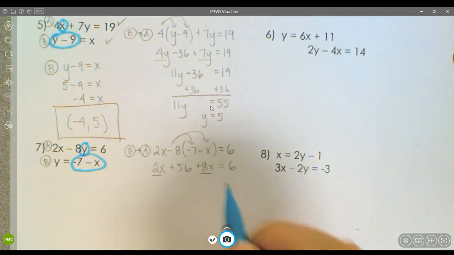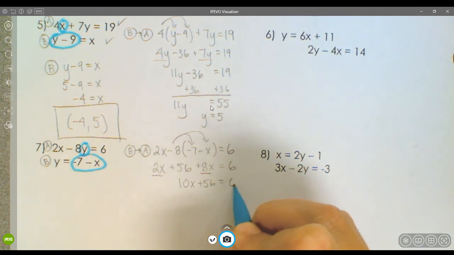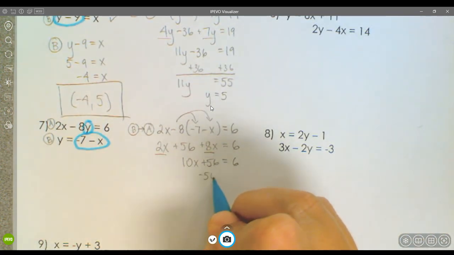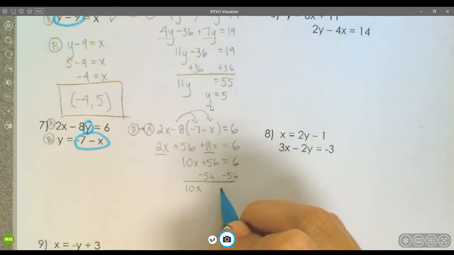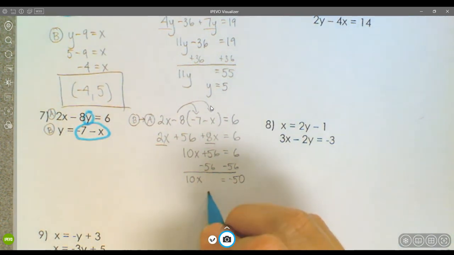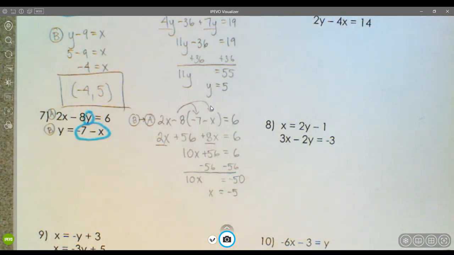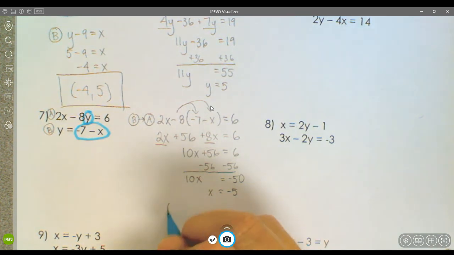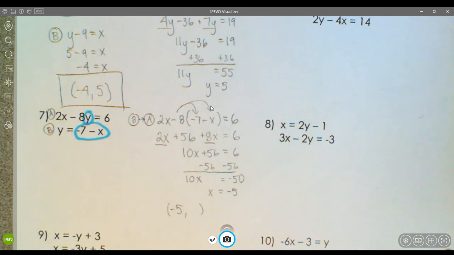So 2x plus 8x is 10x, plus 56 equals 6. Now I'm going to subtract the 56 from both sides. And I find that 10x equals negative 50. When I divide by 10, I find that x equals negative 5. So if x equals negative 5, I've got to find y.